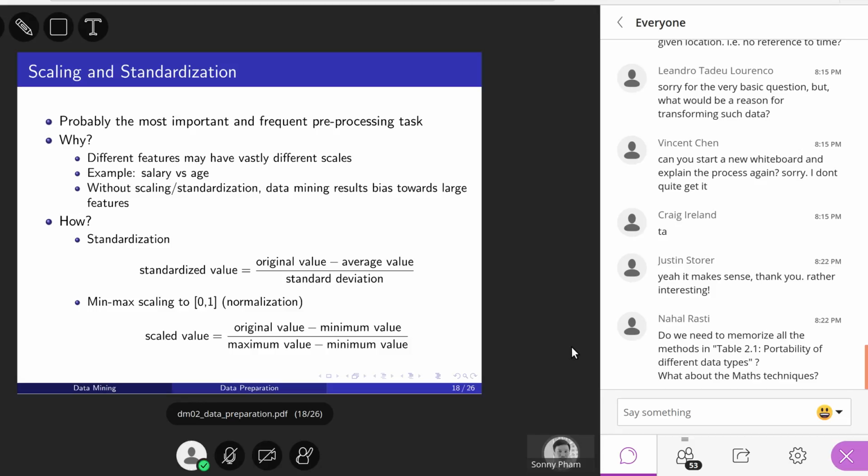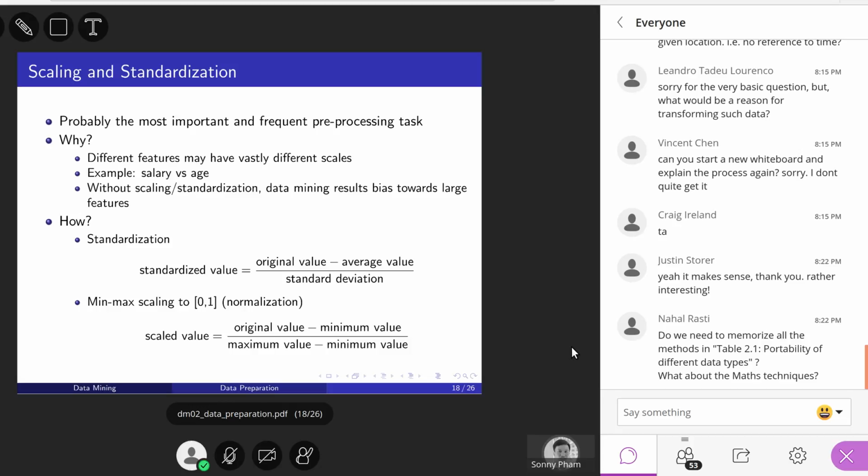The difference between the two is that standardization, for example, will bring the values to roughly half negative, roughly half positive, around 0. Whereas in scaling, min-max scaling to 0, 1, which is normalization, with this formula, we will bring all values to the range between 0 and 1.